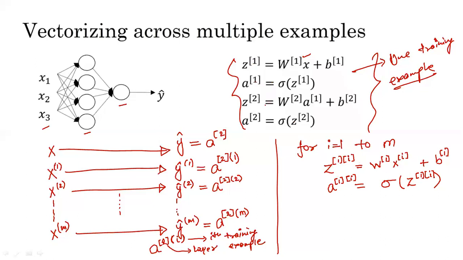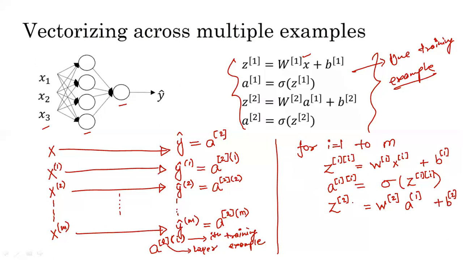Now, in similar terms, we are going to represent the values of z2 and a2. Inside the same for loop, I need to rewrite z2 and a2. So z2 equals w2 a1 plus b2.